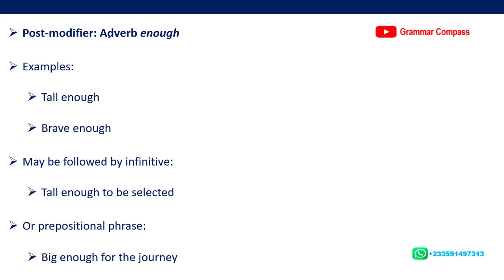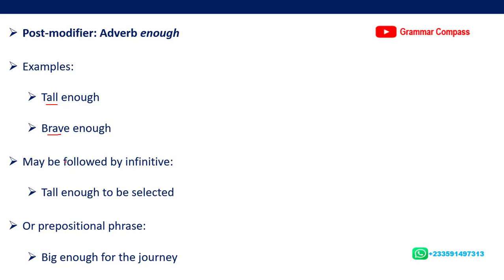Now, beginning with the adverb enough. For example, tall enough. Here, tall is our adjective head and it is qualified by, or post-modified by, the adverb enough. Brave enough. Here, brave is the adjective head and it is qualified by the adverb enough.